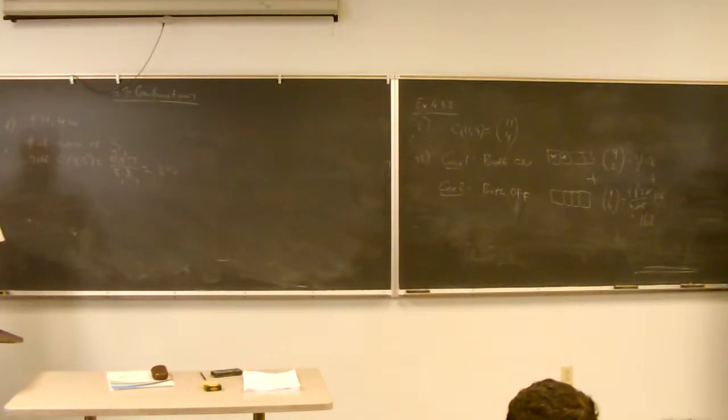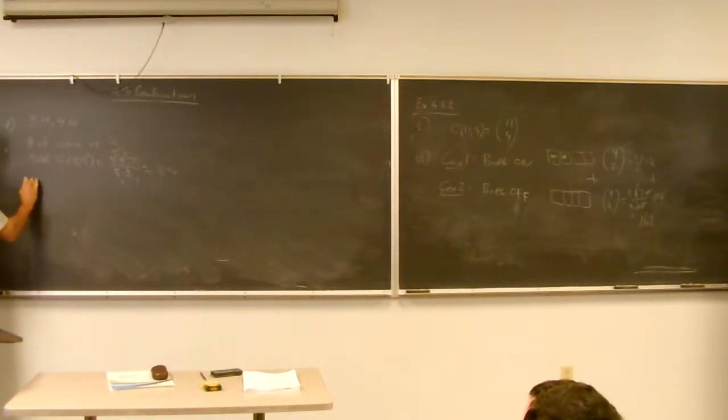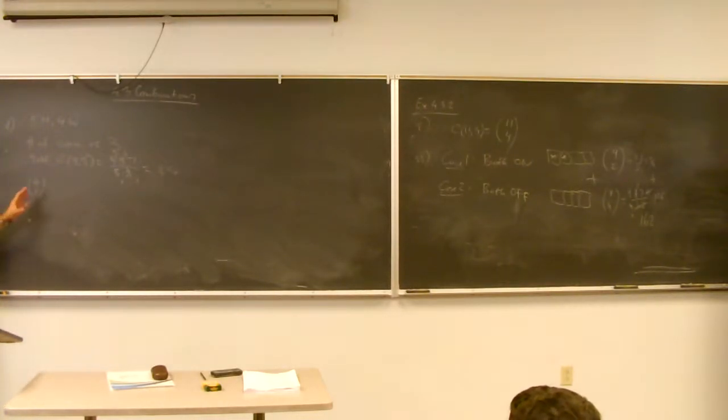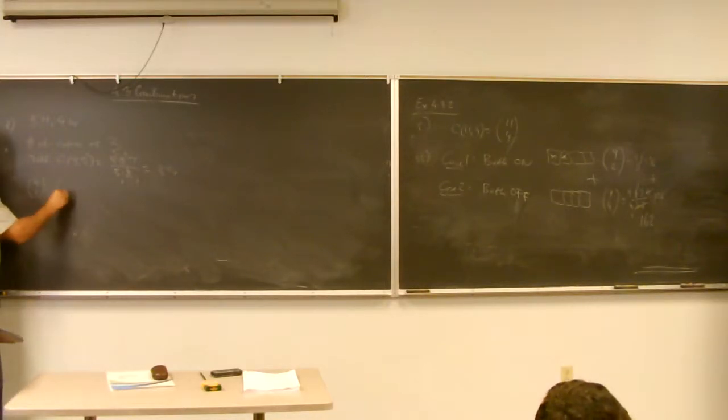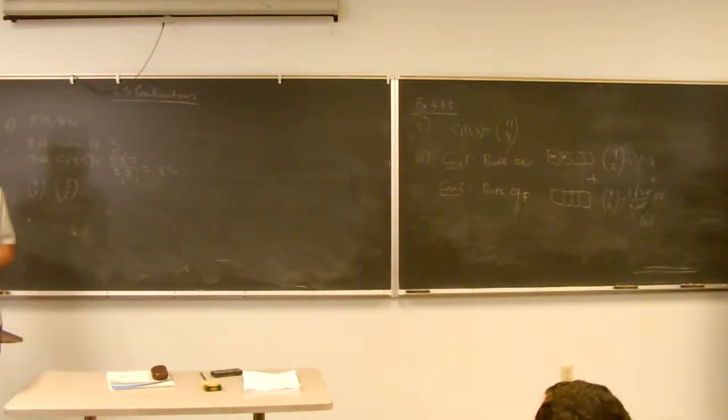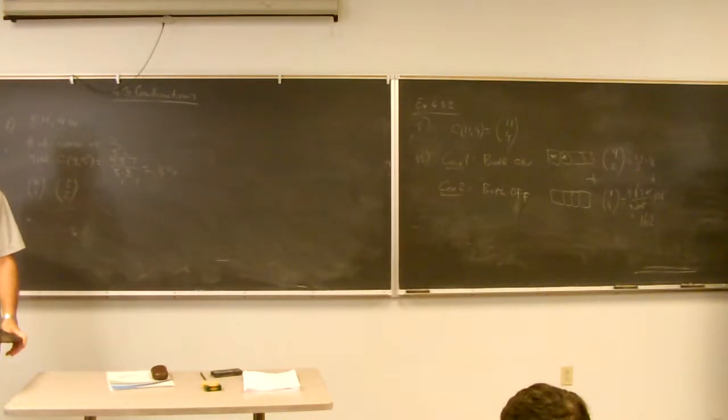So 4 choose 1 is you are choosing women to be on the committee. Do you agree? Then 5 choose 2, you are choosing 2 men to be on the committee. Are these alternatives, or are they pieces of the job that should be glued together? So what did we say for those? Do I add or multiply? Multiply.